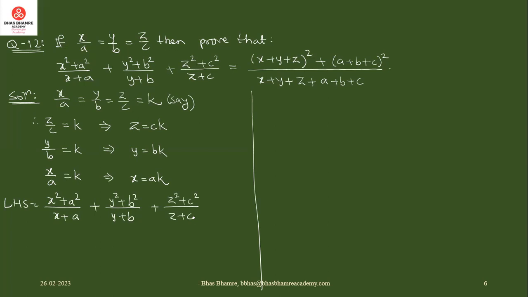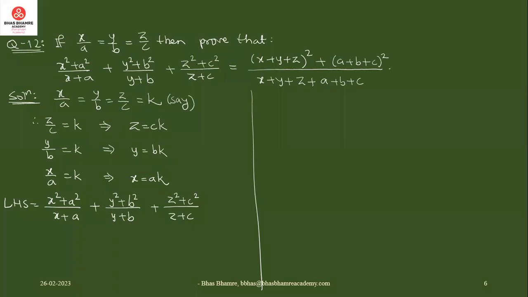Now put the values of x, y, z as ak, bk, ck respectively and then simplify the LHS, and then take RHS. That is basic, elementary algebra, we may call it. So please go ahead.